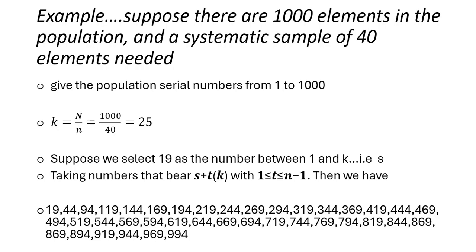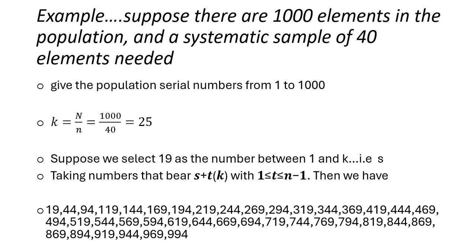Our second number which we derive there is 44. We substitute s, so it would be 19 plus t, which is 1, subtract 1, times 25, and that gives us 44.